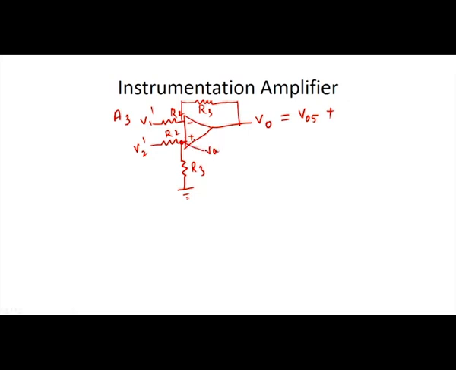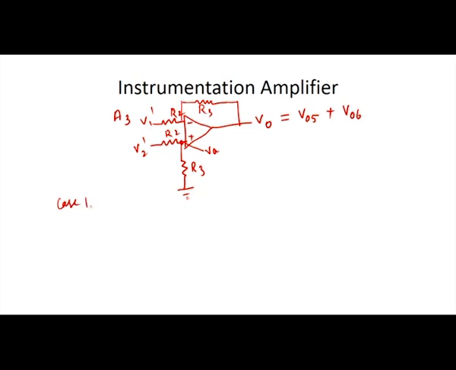VA is the actual input voltage which is amplified by the factor of 1 plus R3 by R2, and with this VA the output voltage is calculated as V0 6. The final voltage will be the summation of these two voltages, again using the superposition theorem.